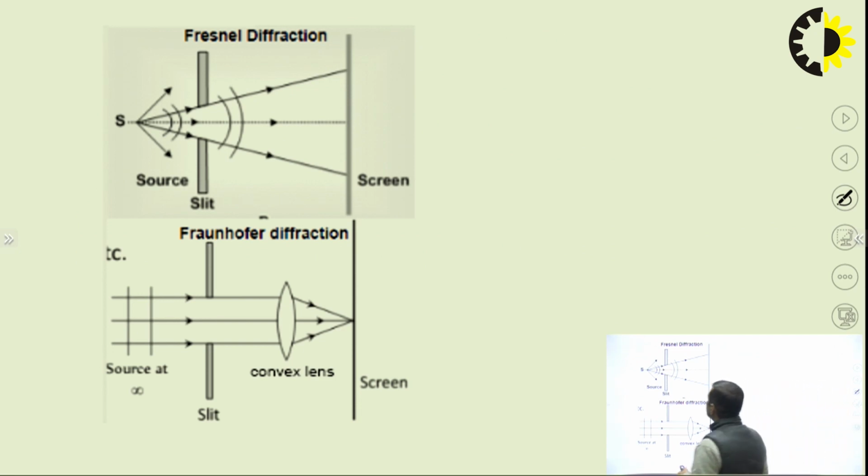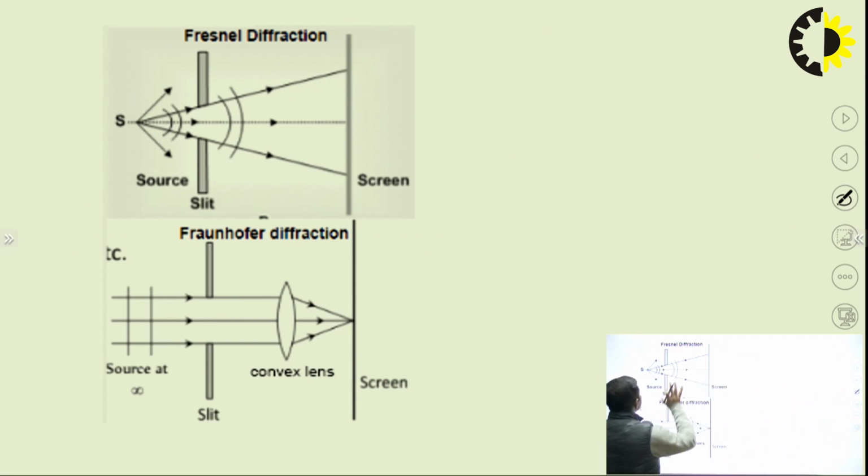Here in the first picture, which shows Fresnel diffraction, the distance from source to the slit and slit to the screen is finite. So there is no requirement of lenses in Fresnel diffraction.